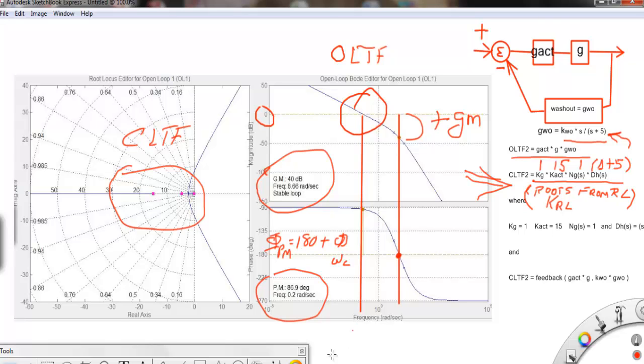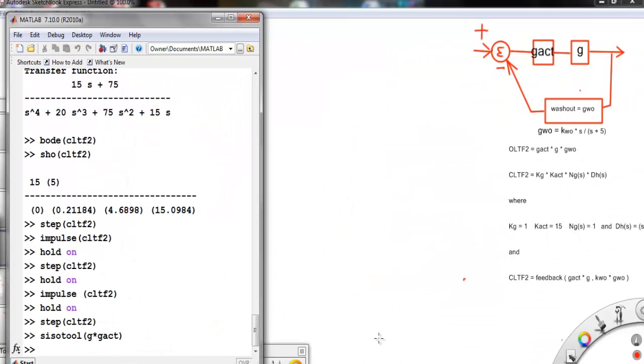If you wanted the SISO tool to give you the correct transfer function, then in MATLAB you would have to call the SISO tool with the correct G, which in our case is G times G actuator.